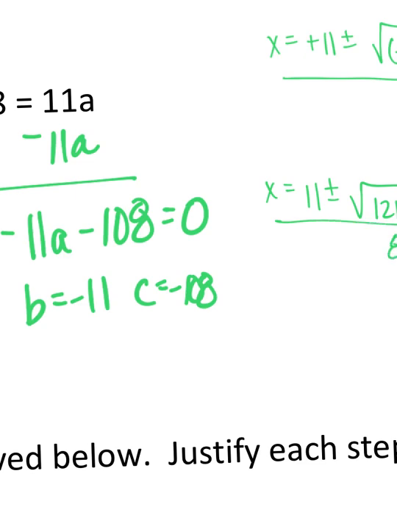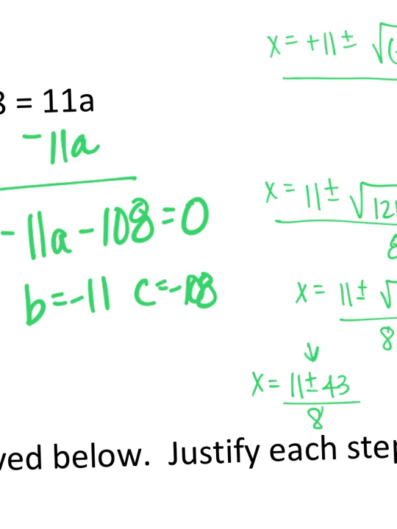And 1728 plus 121 is 1849. So we've got x equals 11 plus or minus the square root of 1849 over 8. And then we've got to simplify. We're going to take the square root of this 1849, and that's 43. That was nice of that number to be a perfect square. Now we need to split this because we've got this plus or minus.